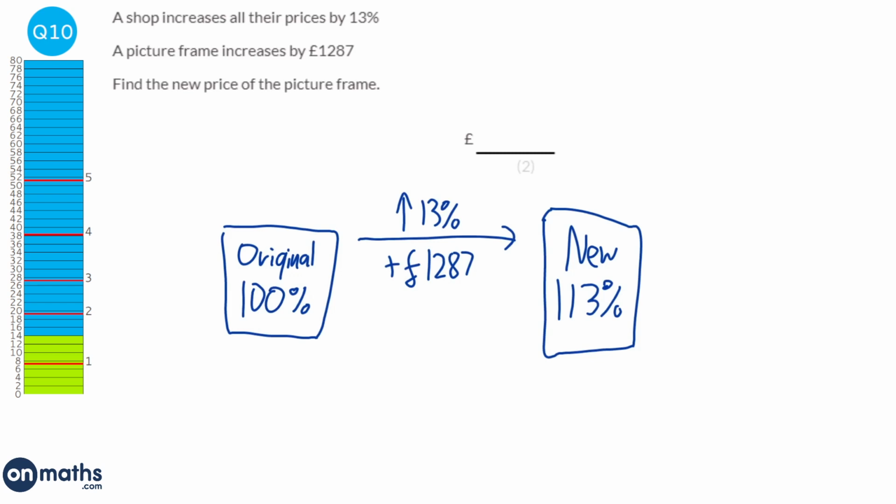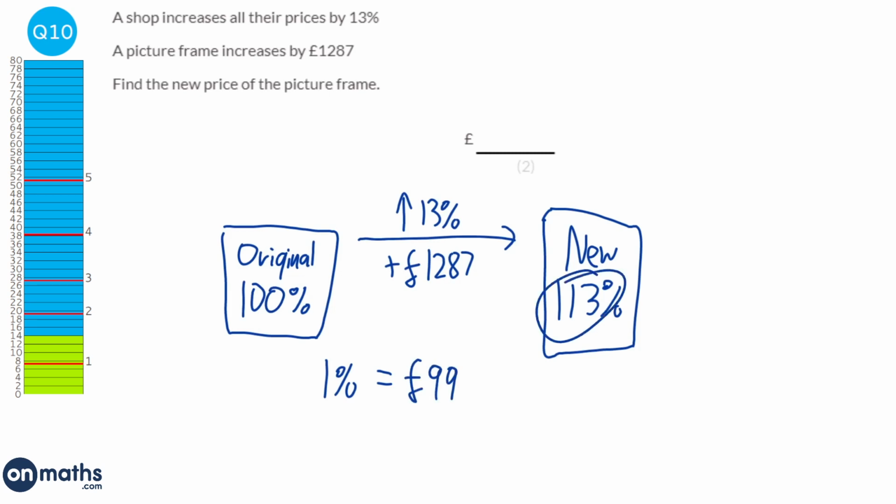So what we're going to do is work out what 1% of the price increase is. Instead of 13%, we're going to work out what 1% is. We do that by dividing the amount by 13, and we get 99. So 1% of the original represents £99.